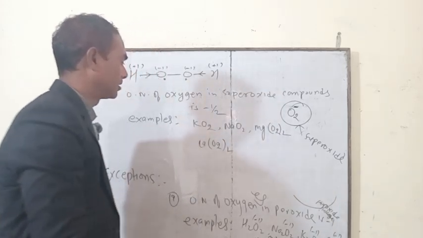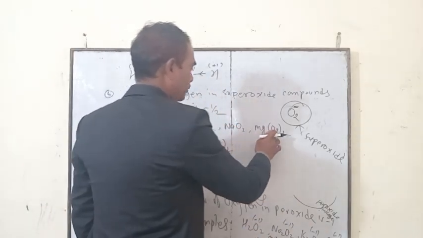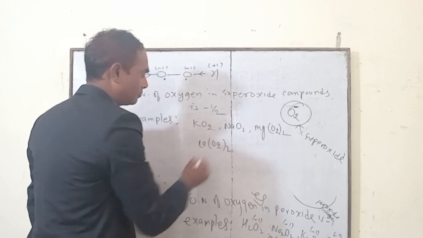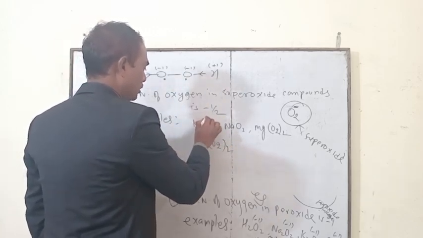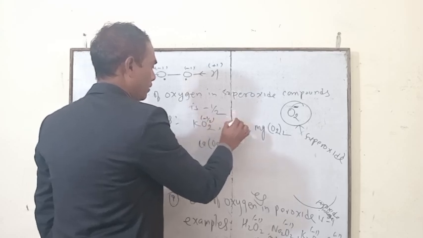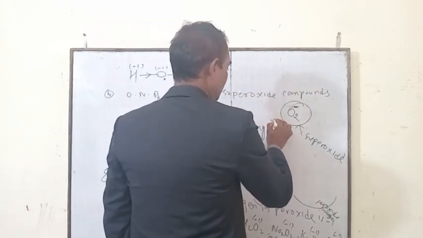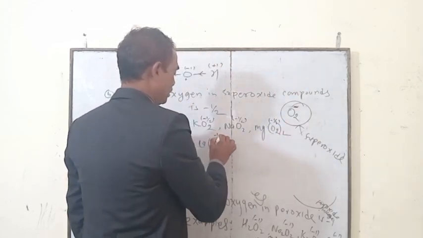This is your potassium superoxide, sodium superoxide, magnesium superoxide, calcium superoxide. In these molecules, oxidation number of oxygen is -1/2.